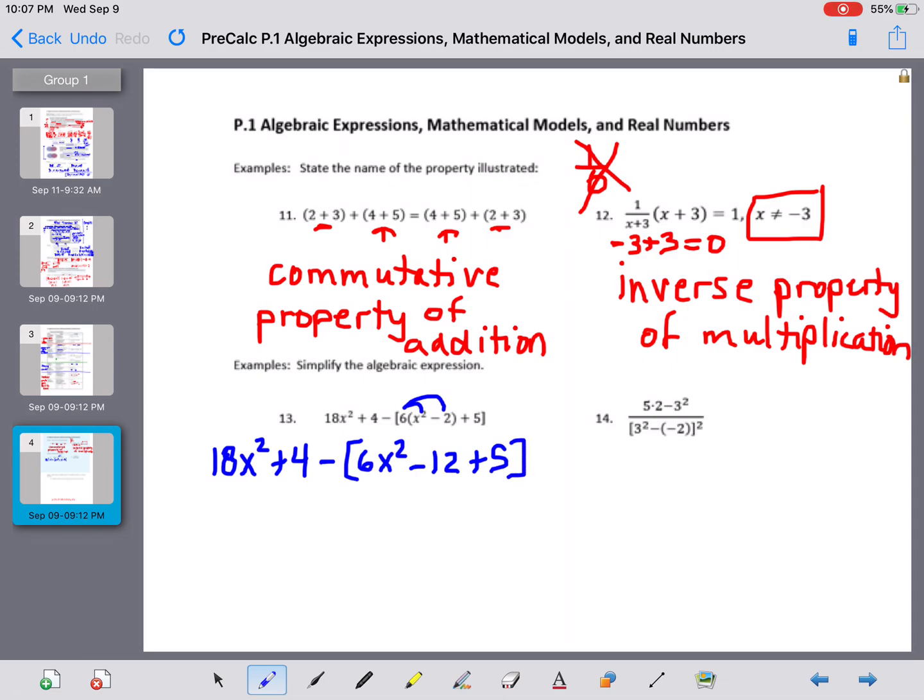Now I notice that inside my brackets there, I can do some more simplification since I got rid of the first set of parentheses. These two are both integers, so I can join those together. So I'm going to leave 18x squared plus 4 minus, I'm not touching that 6x squared right now, but my negative 12 plus 5 will make a negative 7.